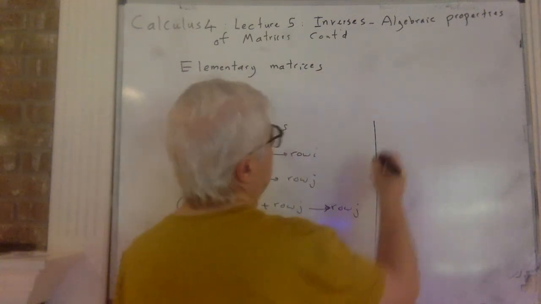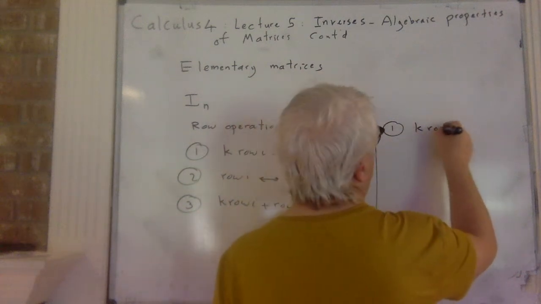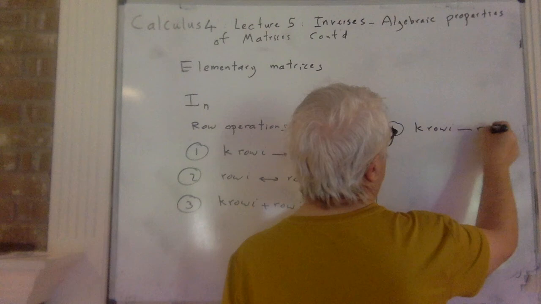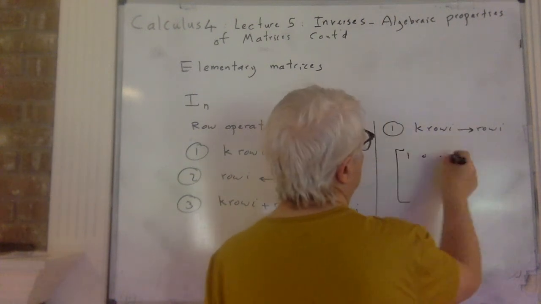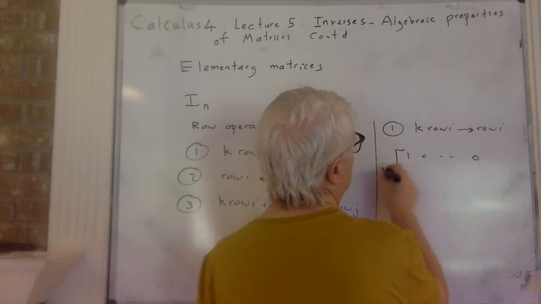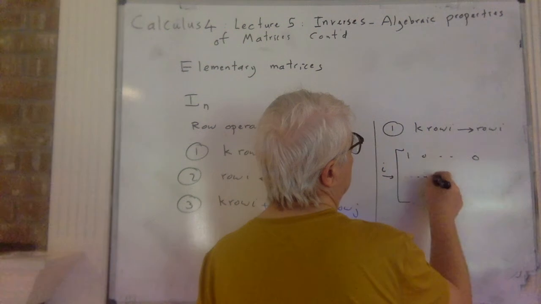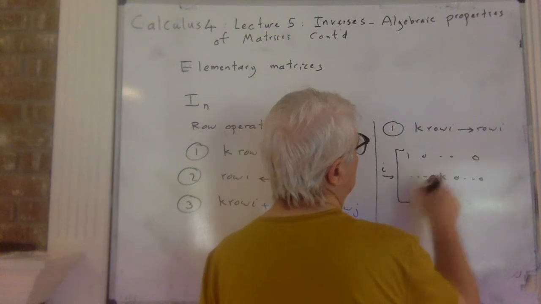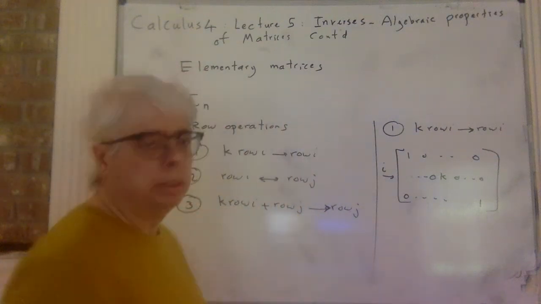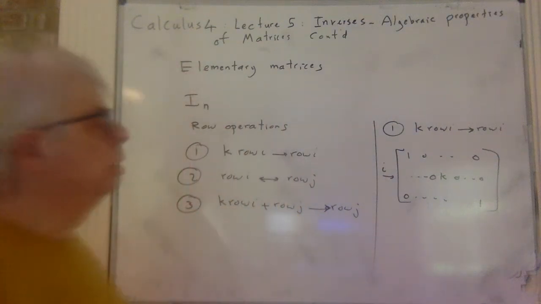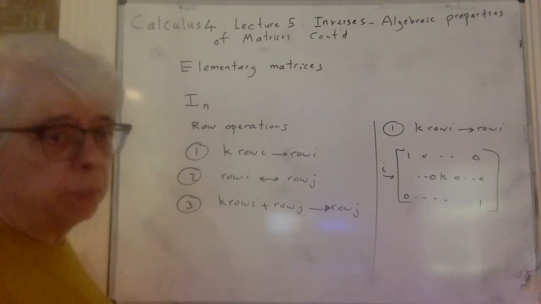So one, if I say k times row i goes to row i, then it will be 1, 0, 0, and in row i I will get k here, 0, 0, 0, 0, 1. So I will get just a k somewhere in row number i. And this is an elementary matrix.